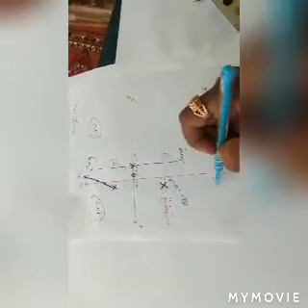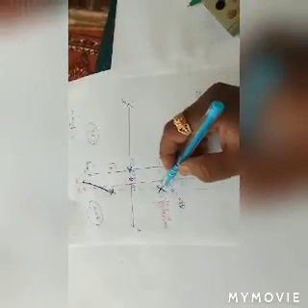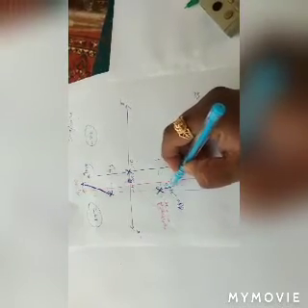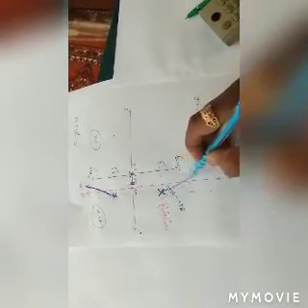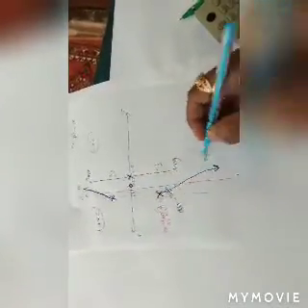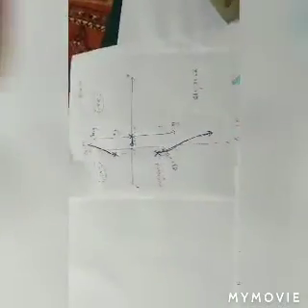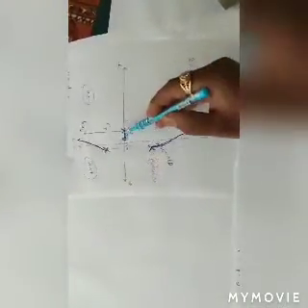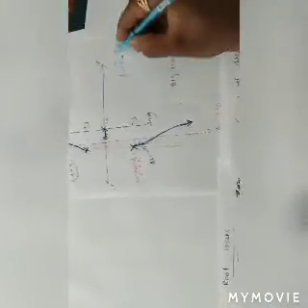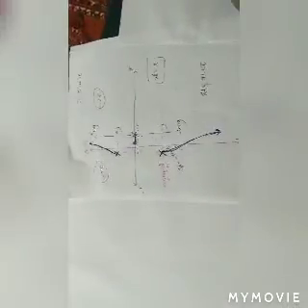Minus means 90 degree will be here, 70 means somewhere here. Totally 3 branches, 1, 2, 3. So starting we got n equal to 3, so 3 branches. So this is your root locus.